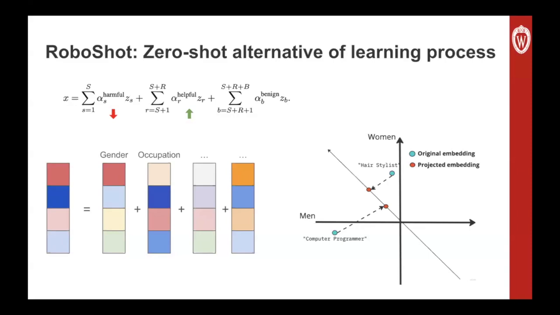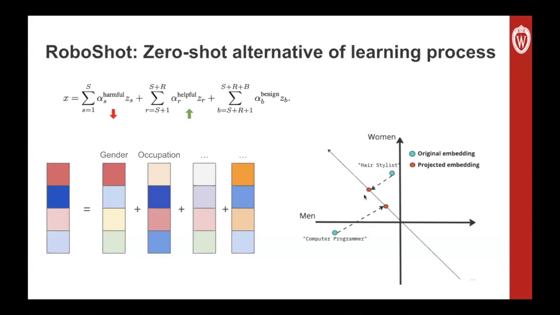For example, if we want to get a good embedding of occupation, then we do not want this embedding to be influenced by gender. We just want it to be fully about the occupation. So embedding debiasing techniques basically work by projecting the embedding into a space that is less influenced or invariant towards the concepts that it doesn't want.